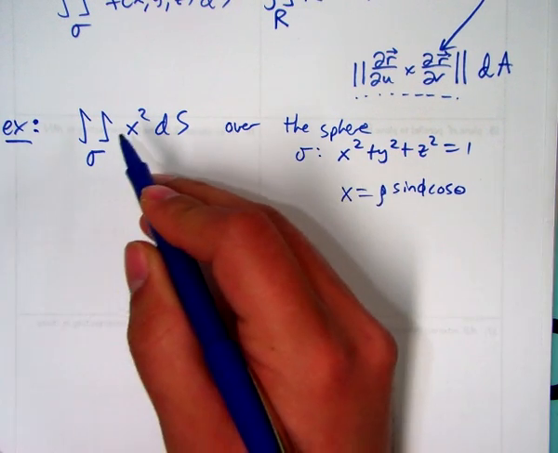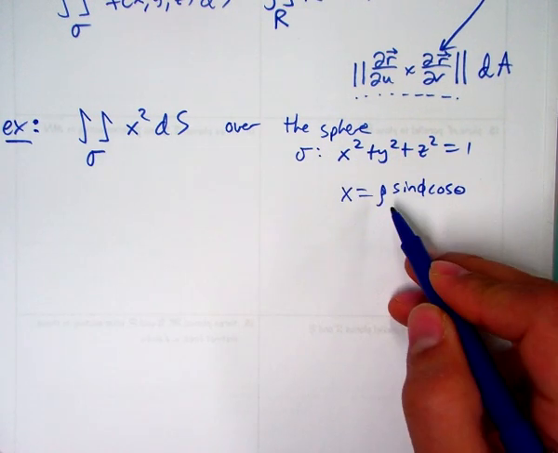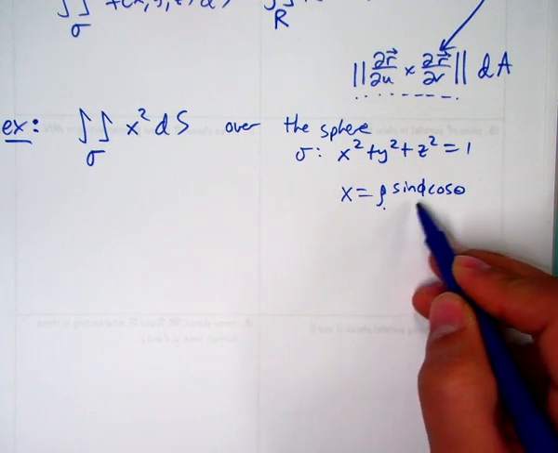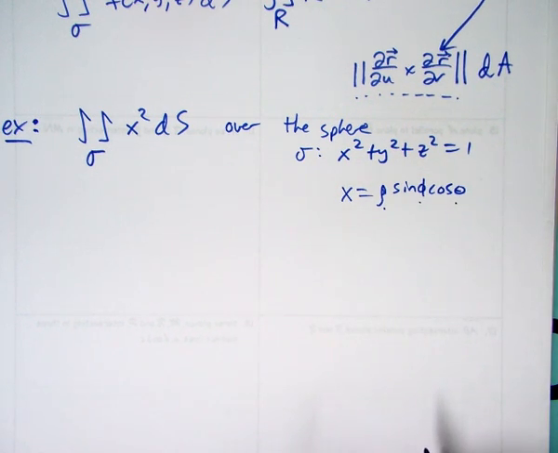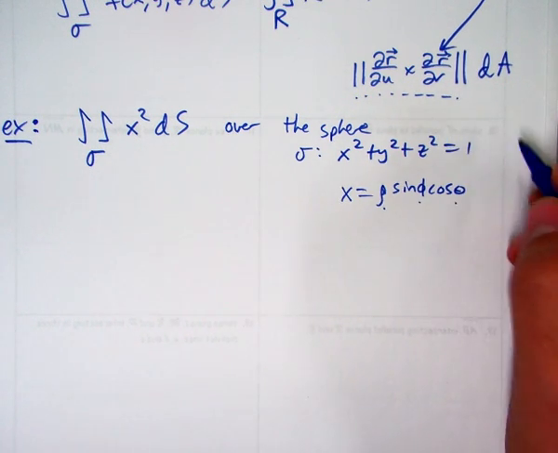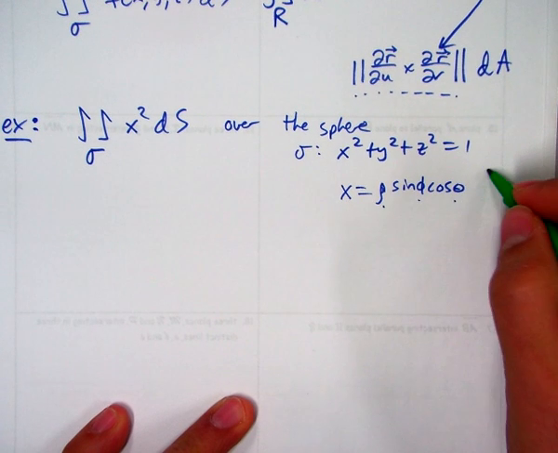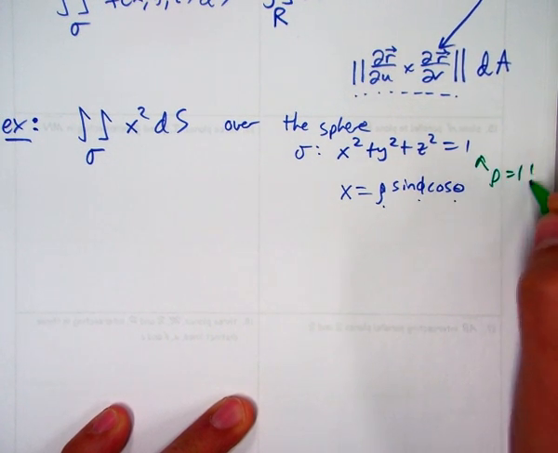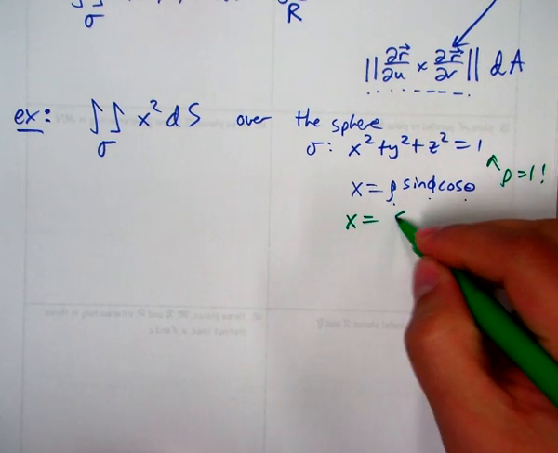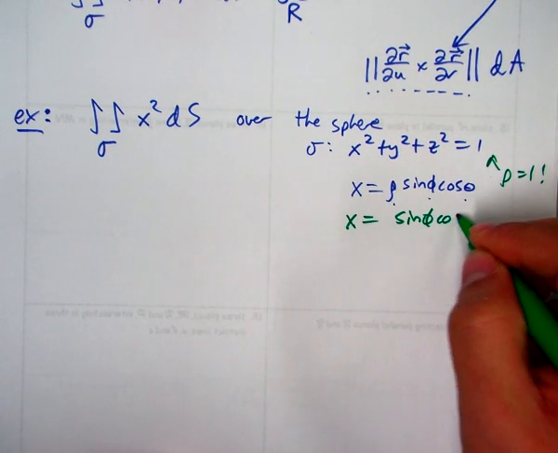Now, here's what actually comes into play. This needs to be in terms of two variables. The link that we have between rectangular and a parameterization for it is in three variables, but we know what rho is. We know that rho is 1, so then we do actually have a parameterization for the surface in terms of just two variables. So let me rewrite this. We're going to say x is just sine phi cosine theta.